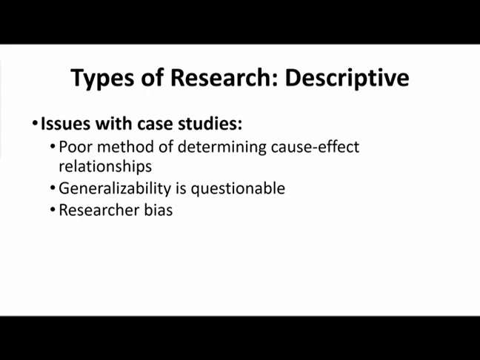So you have to keep in mind what this information can tell you. We also have an issue with generalizability. And generalizability is basically how can we apply this information to other scenarios.